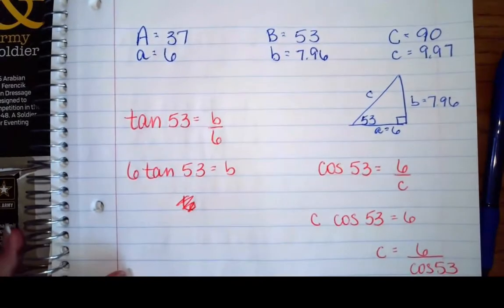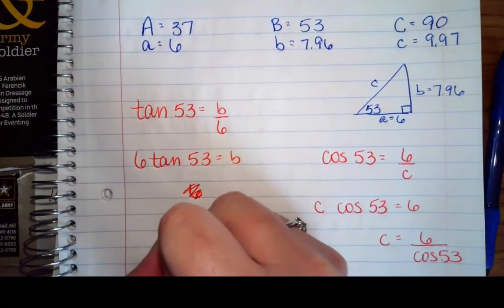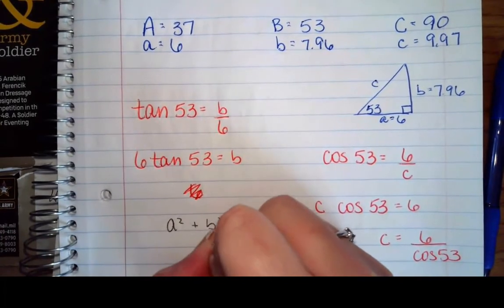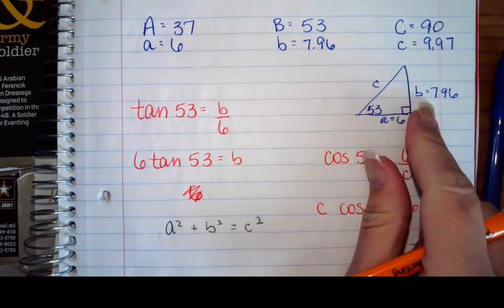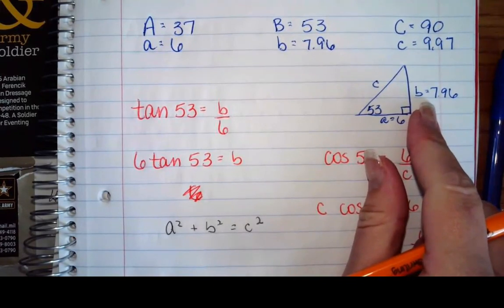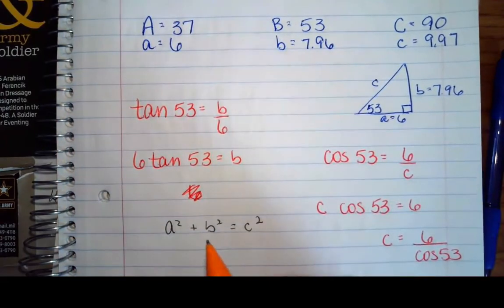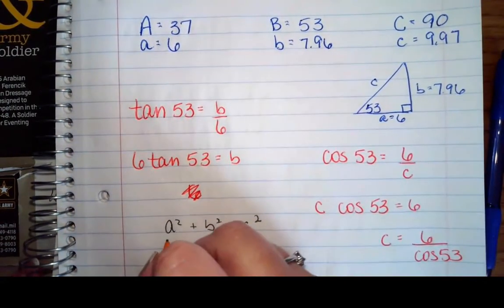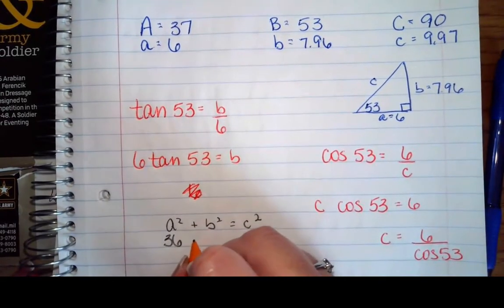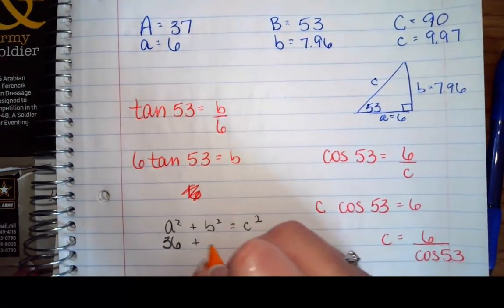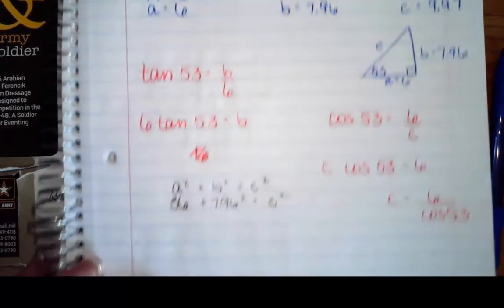Well, what happens if we use Pythagorean Theorem just for practice? That means I've got a squared plus b squared is c squared. There's no reason I chose to solve for b first. I just did. I could have solved for c first. So if I've got a squared is 36, plus b squared is going to be 7.96 squared, which will equal c squared.